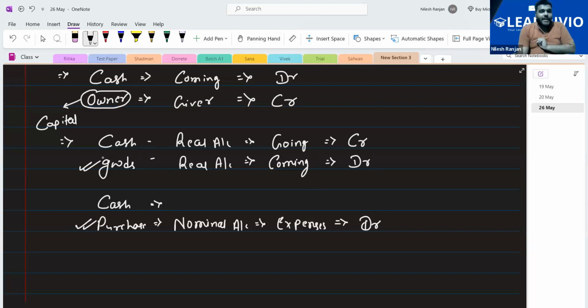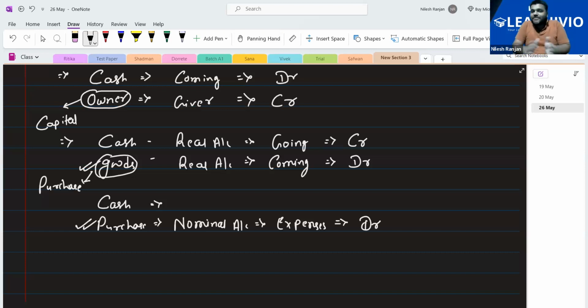Now, if we have taken goods, then you have to remember to replace goods with purchase. What is the logic behind this? Because if you write goods every time goods are coming or going, at both times you have to put goods. So if you're purchasing, you are writing goods. If you're selling, then also you are writing goods.